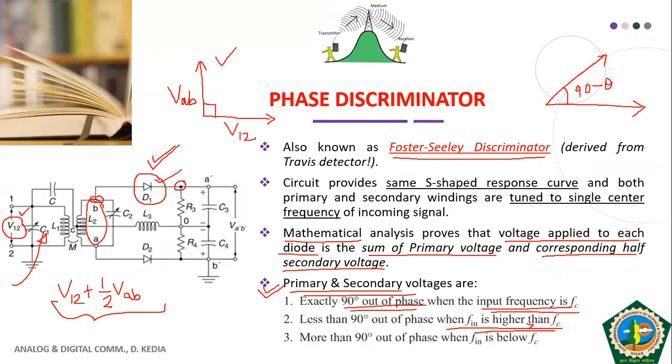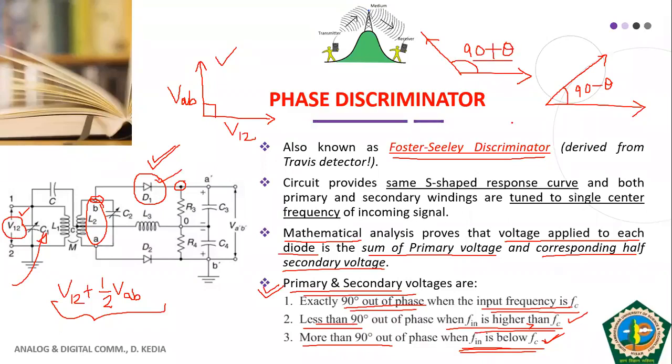And the third thing we have to prove is, when your input signal frequency is less than FC, then the phase is more than 90. That means the two vectors are more than 90° out of phase, so the phase angle is 90 plus theta.